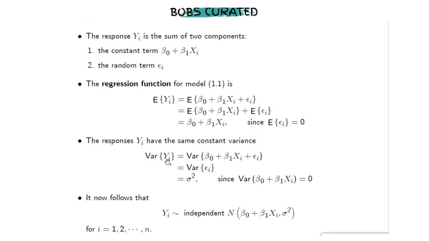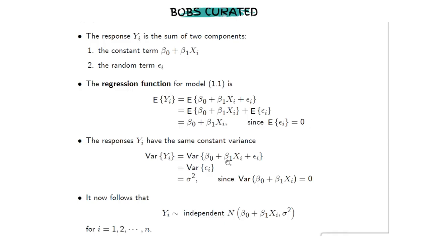If we get to the variance, the variance of yi is equal to sigma squared. To derive that is quite easy. There's the formulation of the yi. We know that the variance of a constant is always equal to 0.